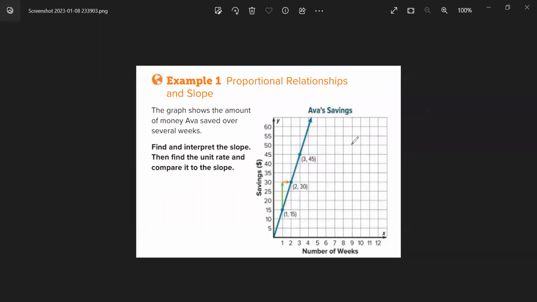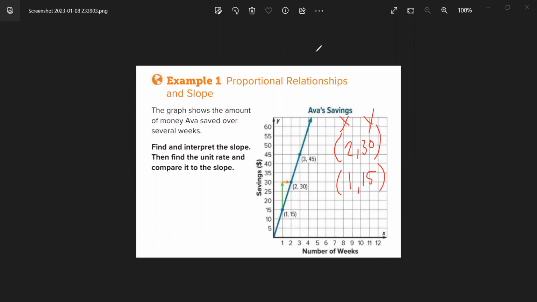Remember, to find the slope, we need to find the change in 2 different points. So we're going to get the point (2, 30) and the point (1, 15). This is y, this is x.